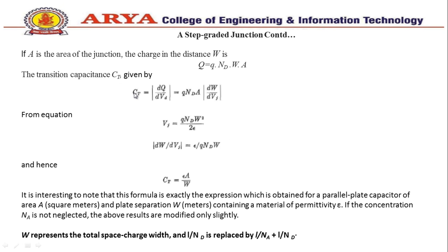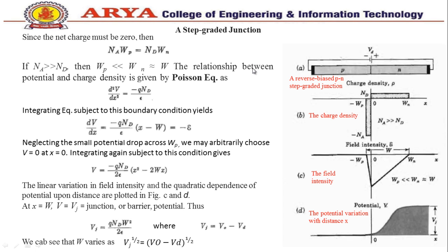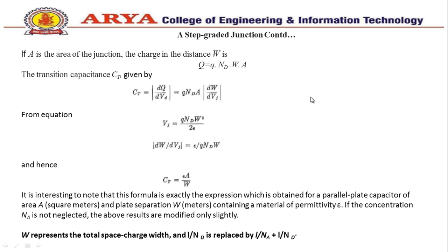For a step graded junction, if A is the area of the junction and the charge in distance W is given by Q, then Q can be calculated as q times Nd times W times A from figure B. The transition capacitance CT is the ratio of dq upon dVd, that is the reverse applied bias.